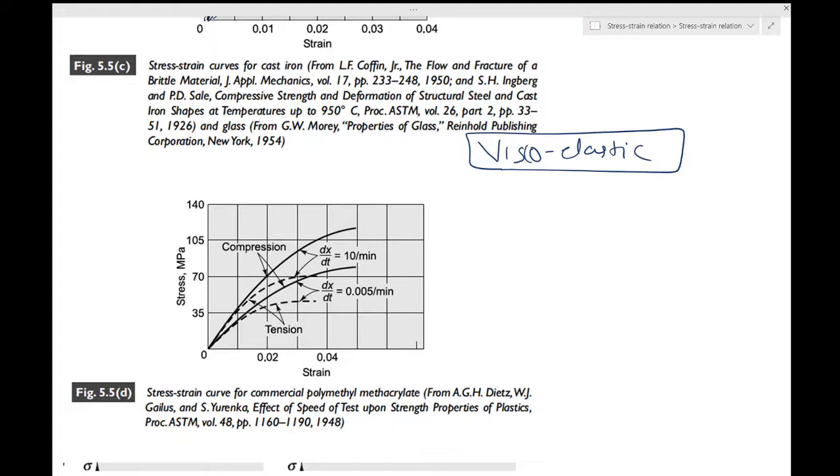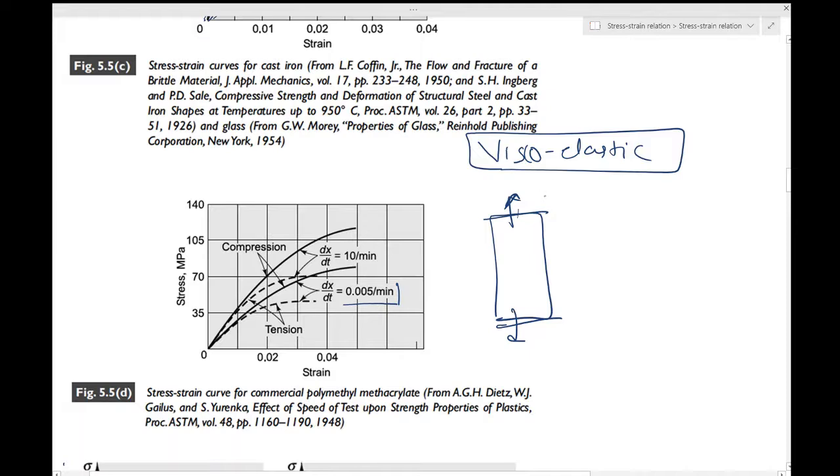So for polymethyl methacrylate of this figure 5.5D, we note that the time effect is rather small. Changing the strain rate, and what do I mean by strain rate? You had the cylindrical specimen, the rate at which you were pulling these ends away from each other.